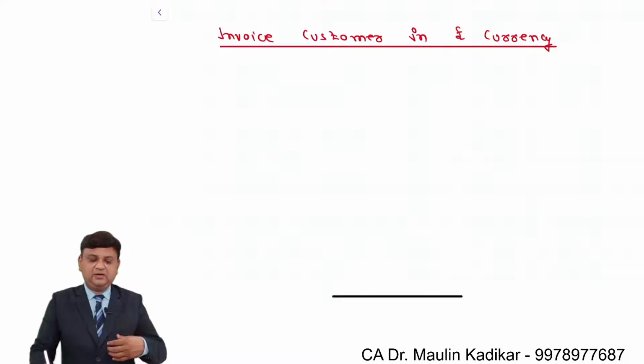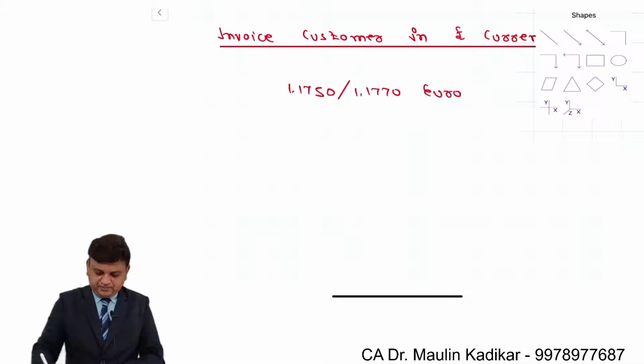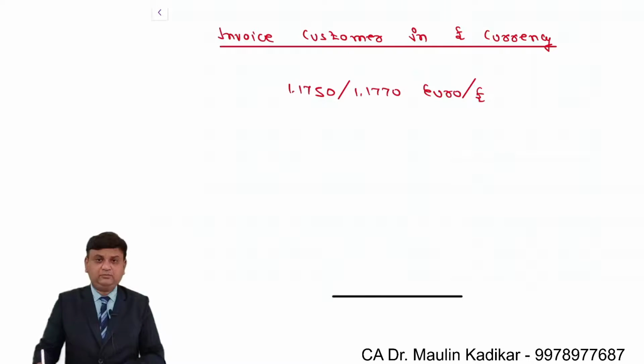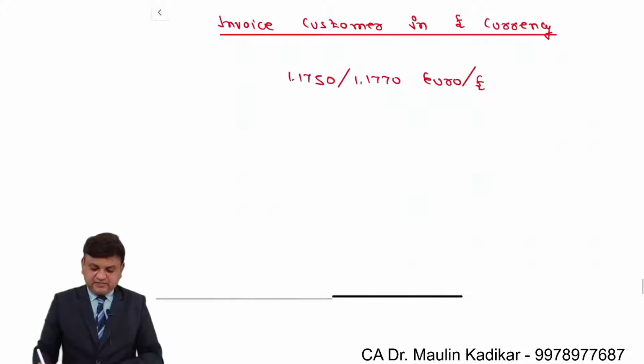So in that we can see that the spot rate is provided to us as 1.1750 slash 1.1770 euro per pound. That is the spot exchange rate. Now we have to compute the consideration amount. In that, we are required to use the spot exchange rate.